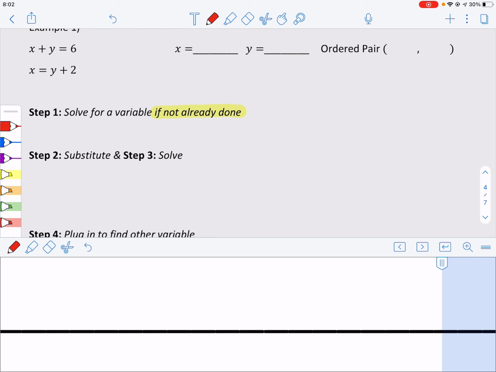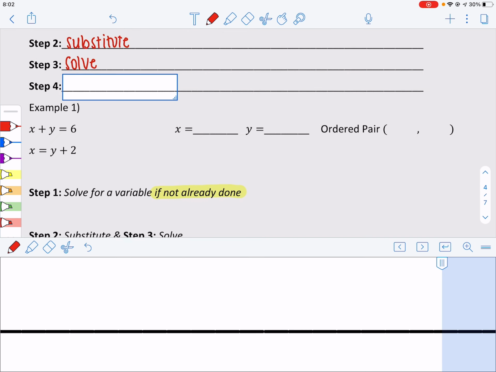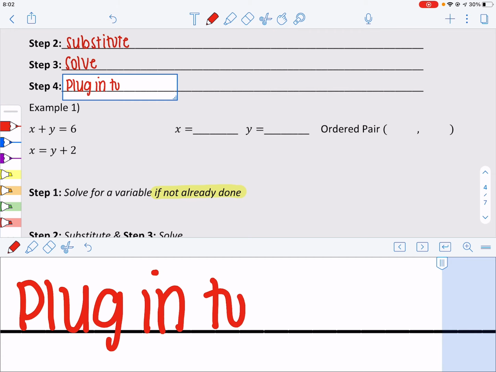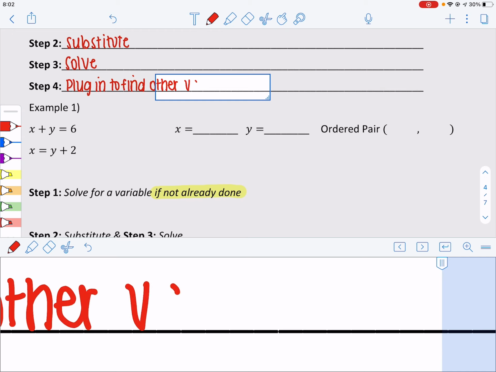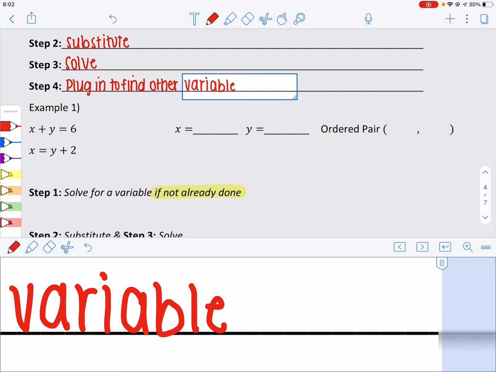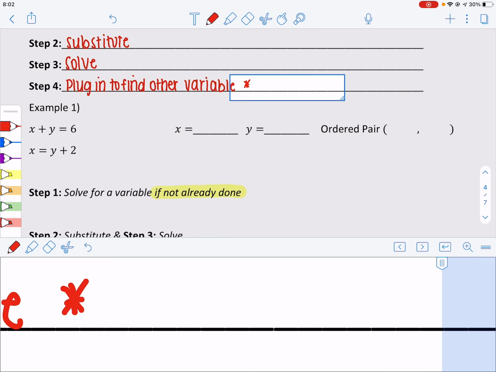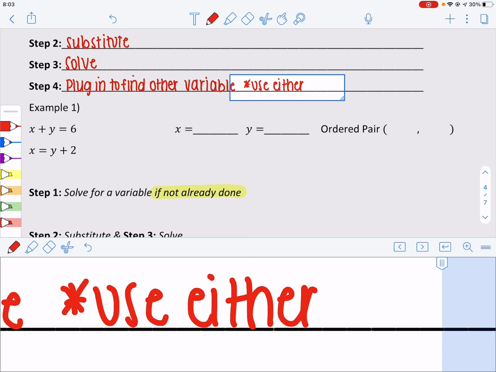And then lastly, plug in to find the other variable, which means if you just found x, you're going to take that x that you just figured out and plug it into either of the equations. As a note here, go and write use either equation. Doesn't matter which one you use.